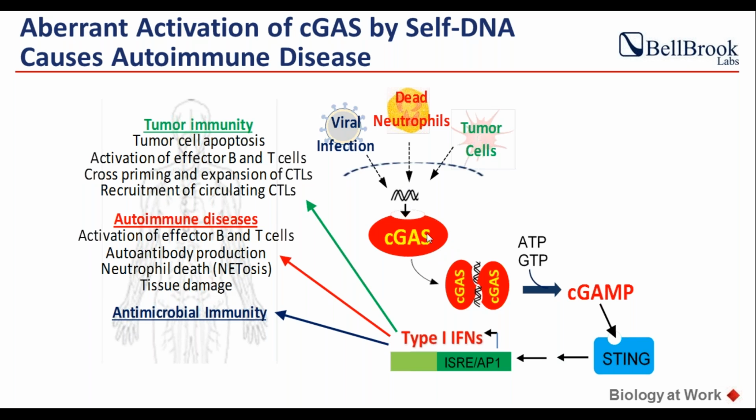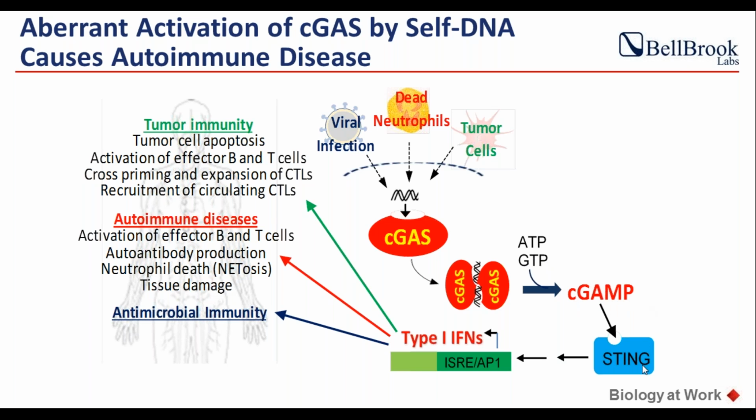So the cGAS gets activated by double-stranded DNA. When cGAS recognizes double-stranded DNA, it dimerizes and stimulates the formation of cGAMP. So in presence of ATP and GTP, it forms a second messenger cGAMP.